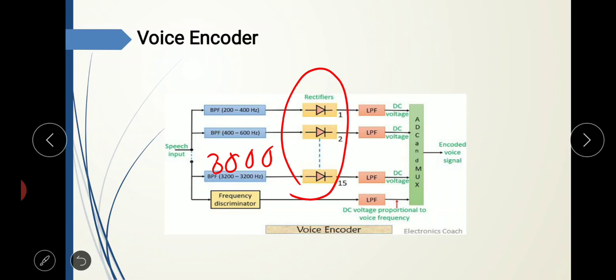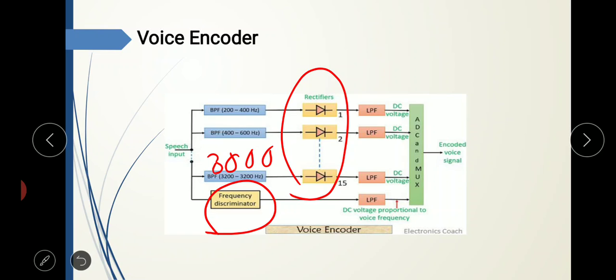So the input to the frequency discriminator, this one, is the speech signal. Frequency discriminator unit is followed by a low pass filter of 20 Hz. This low pass filter generates a DC voltage proportional to the voice frequency.